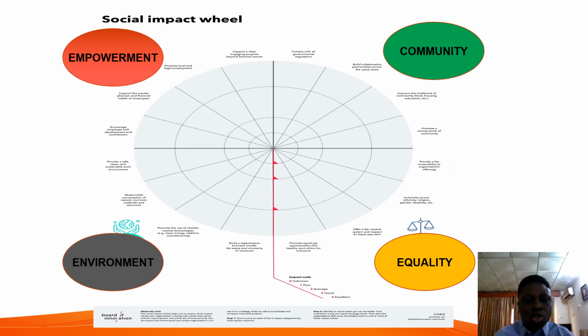Now remember I told you about the social impact wheel. The social impact wheel is what you can use to test the viability of your solution. You want to see whether your solution is able to meet these four pillars. If it does, then you already know that your solution is successful and it will solve the social challenge or problems in the community.